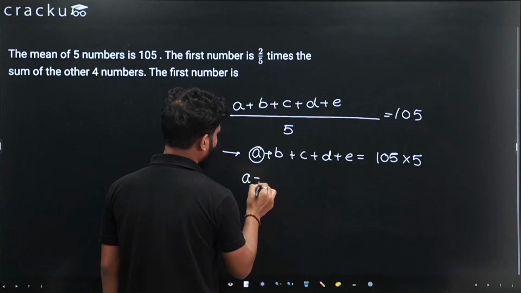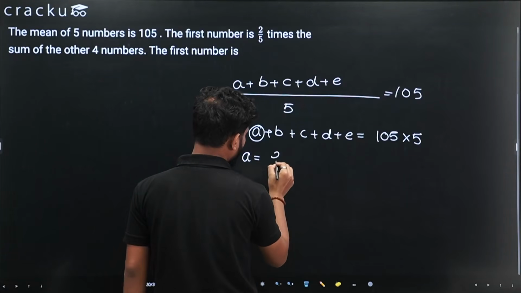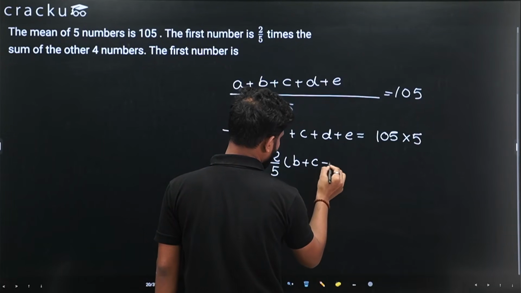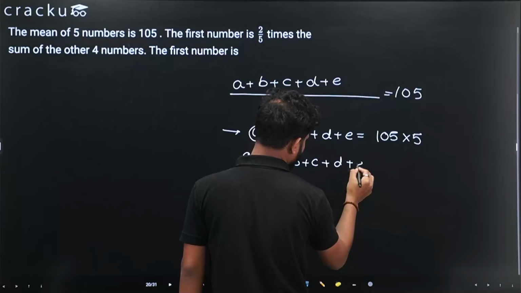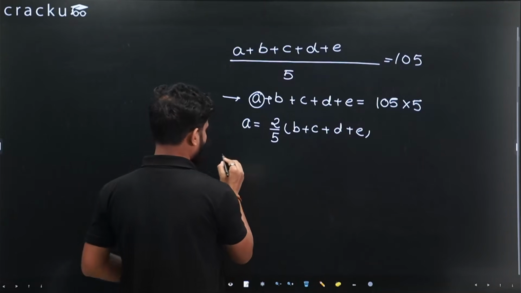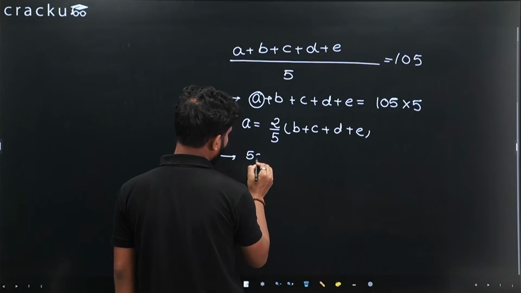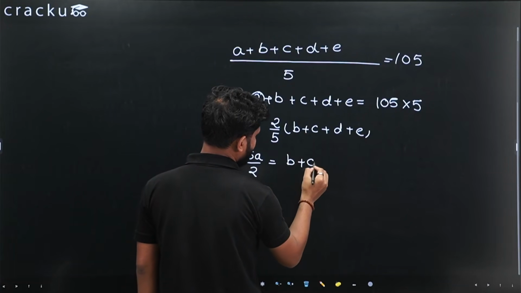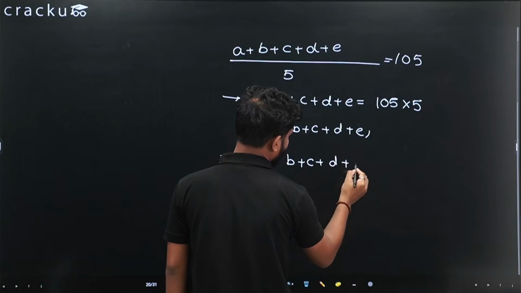Correct? Now it is given the first number, which is A. A is equal to 2 by 5 times B plus C plus D plus E, 2 by 5 times the sum of the other 4 numbers. So can I write 5A by 2 is equal to B plus C plus D plus E?